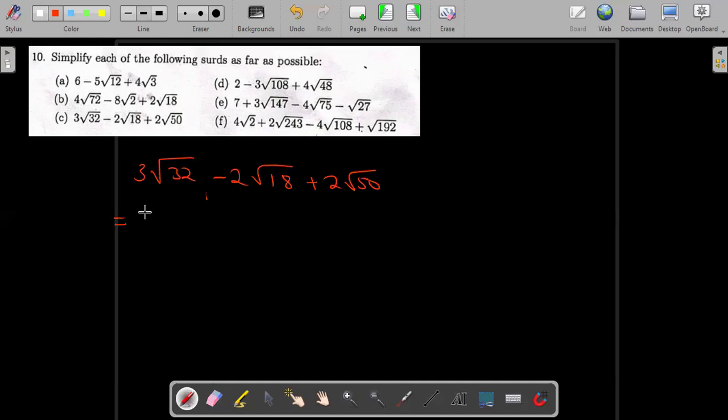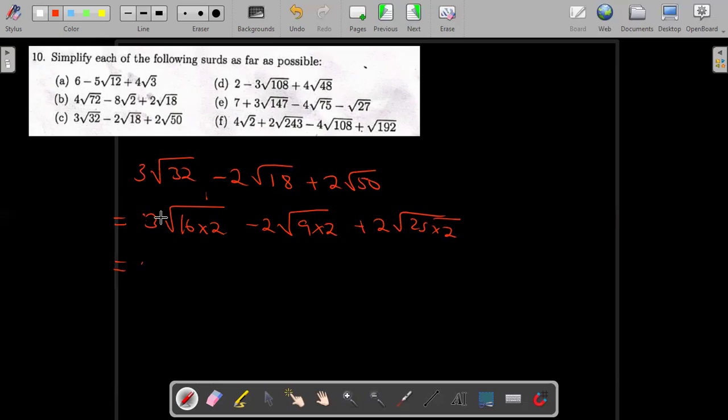So you check again that you can be able to say 3, then this 32 can be written as 16 multiplied by 2, then minus 2 root 9 multiplied by 2, then you have plus 2 root 25 multiplied by 2, which gives you 50 there. Then here you have 3.